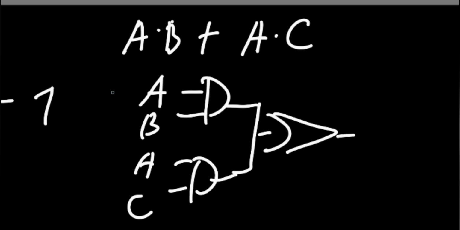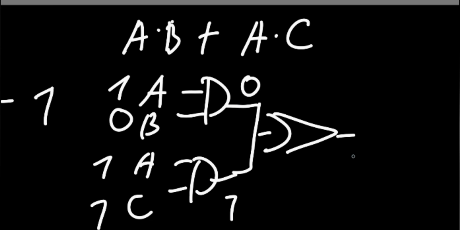So let's say 1 0 1 1. 1 and 0 will give us 0, 1 and 1 will give us 1, and 0 OR 1 will give us 1. So this is proved, hence proved.